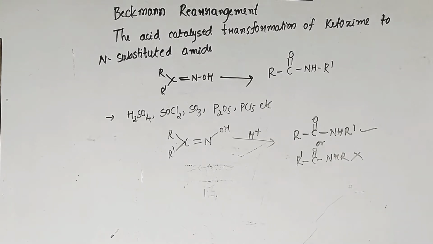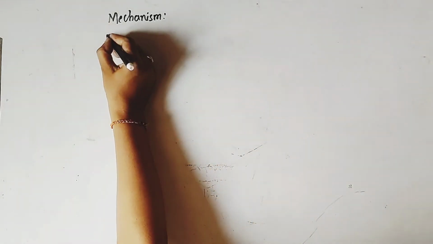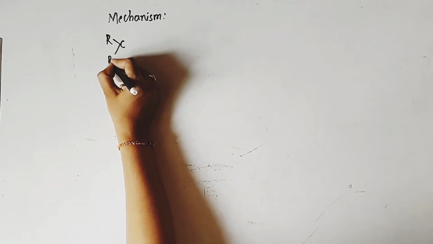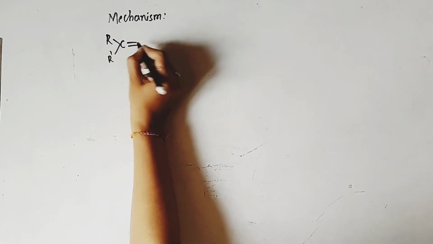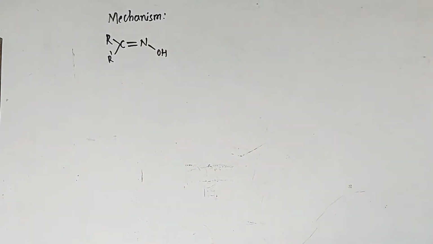Okay, we will see the mechanism. So once again I will consider a general example here. That is R, C, R dash, C double bond N and OH. And the mechanism of Beckmann rearrangement involves 4 steps.